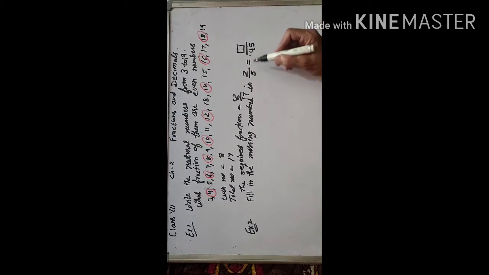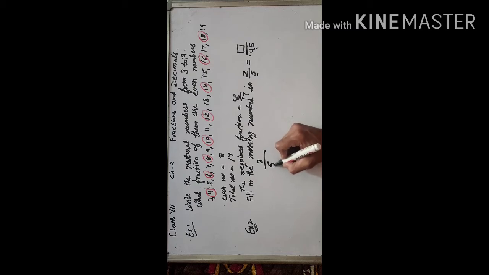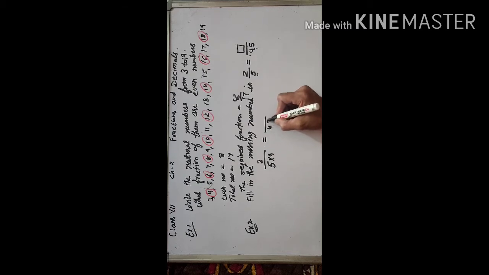So the denominator of this fraction is 5 and the denominator of this fraction is 45. To make this 45 we have to multiply 5 with 9. So 9 5s are 45, and we also have to multiply 2 with 9, that is 18. So the required number is 18.